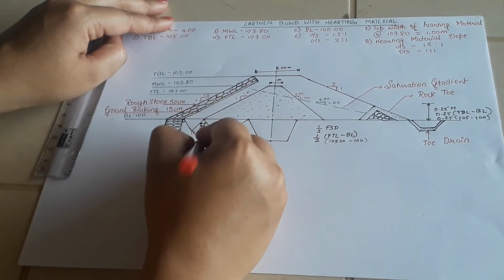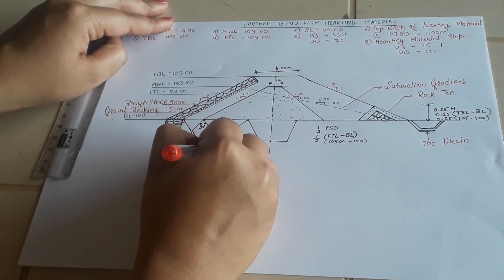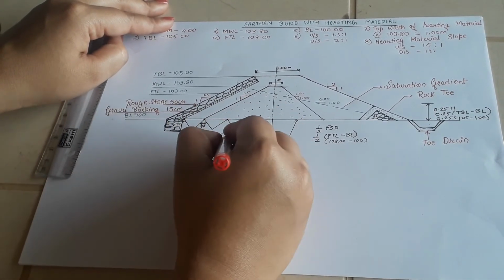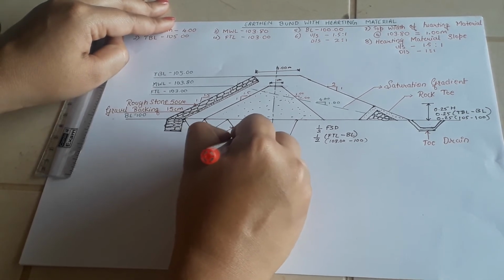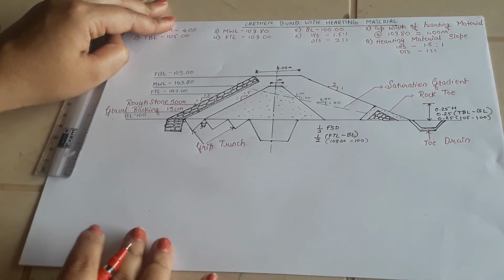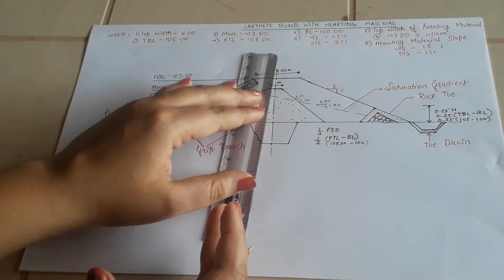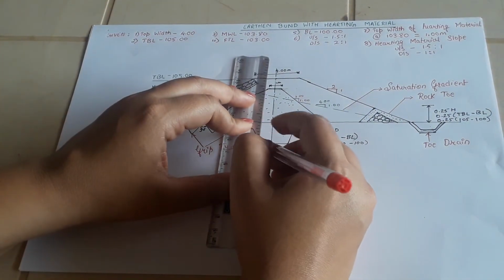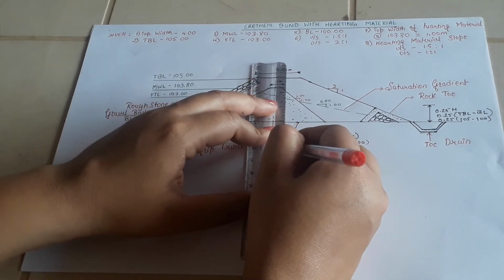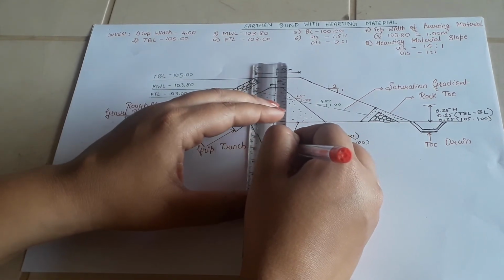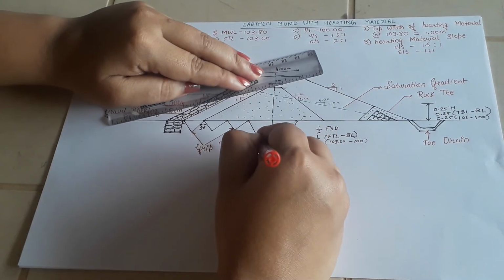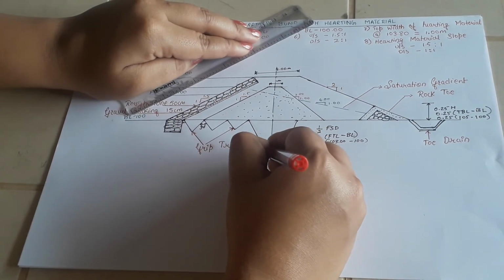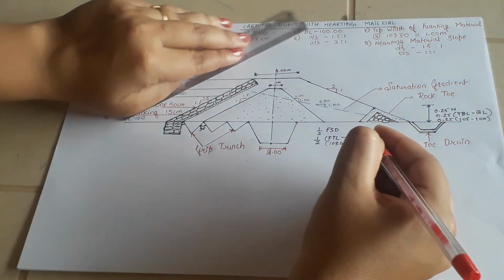These are grip trench, this width is 2 meters.